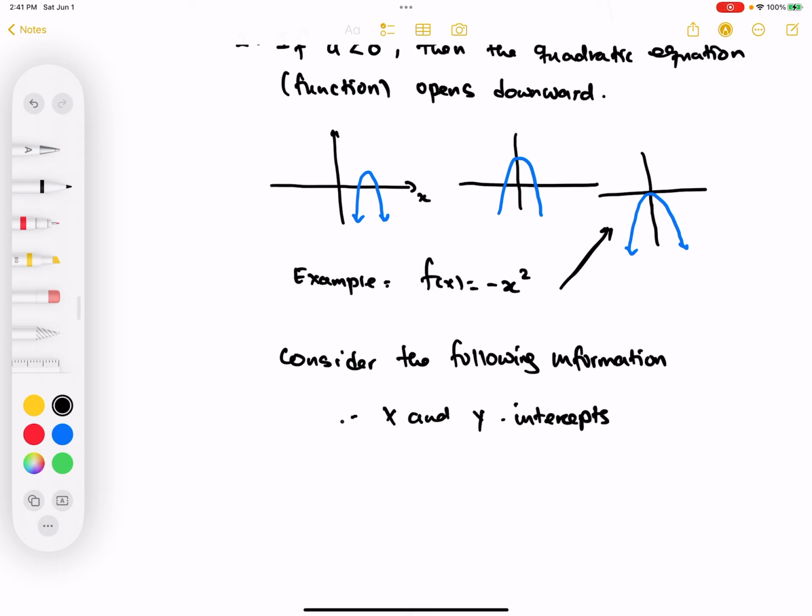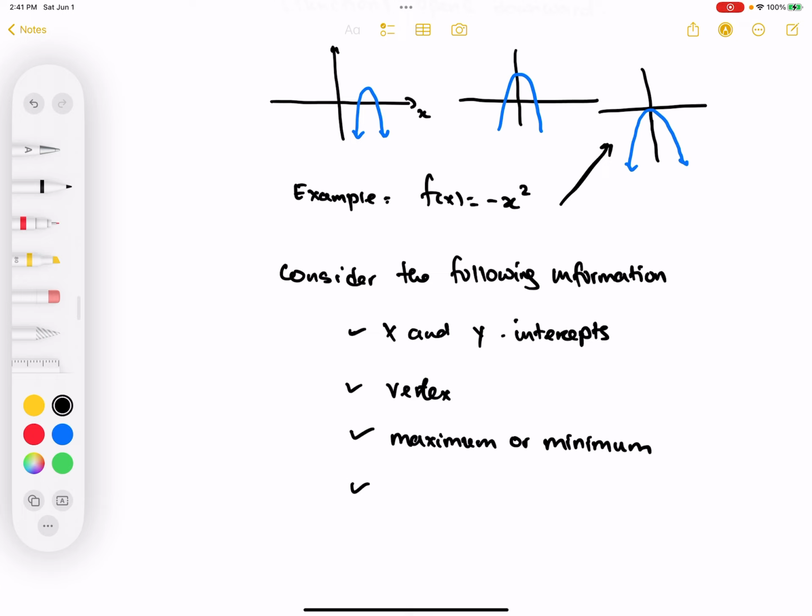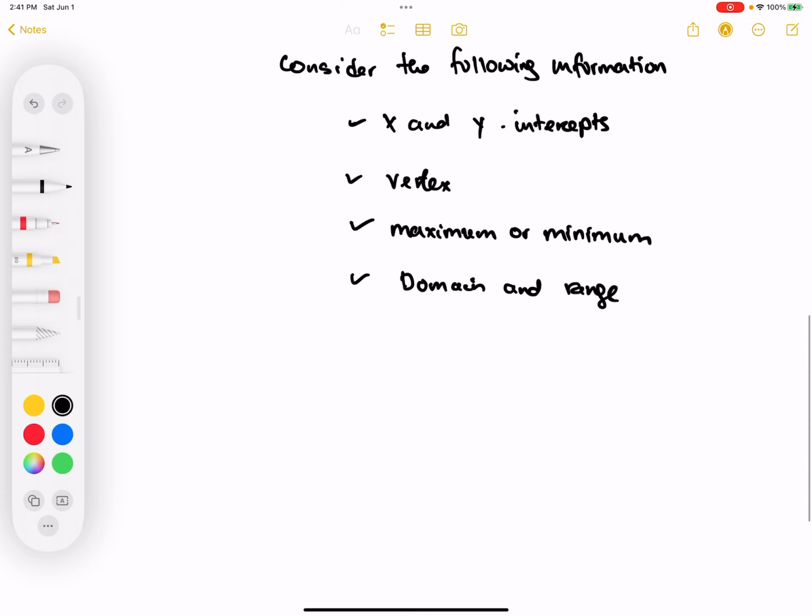The second one is the vertex. The third one is the maximum or minimum value of the quadratic function. The other one is the domain and range. I'll elaborate on this by using a graph.